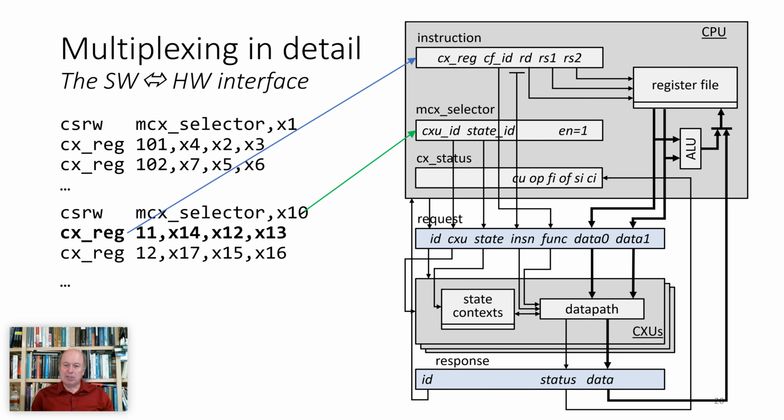This request selects a CXU, a state within that CXU, and provides operands to perform the selected custom function, possibly updating its state. Then response data is written back to the destination register, and any error response status accumulates in the CX status register.